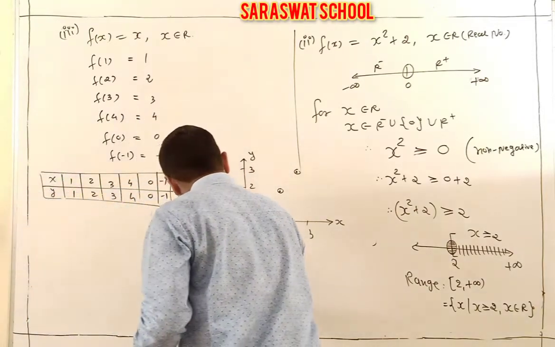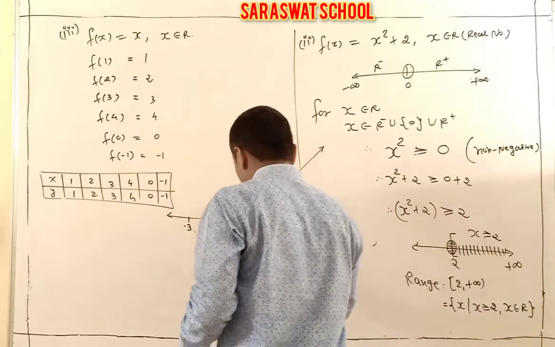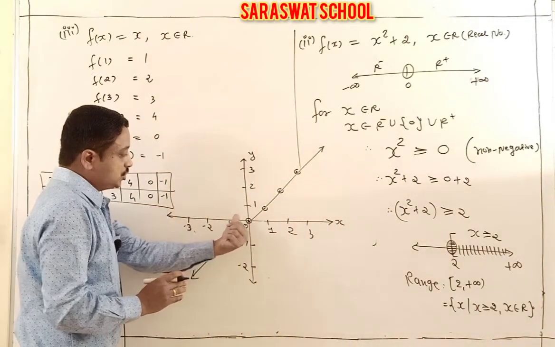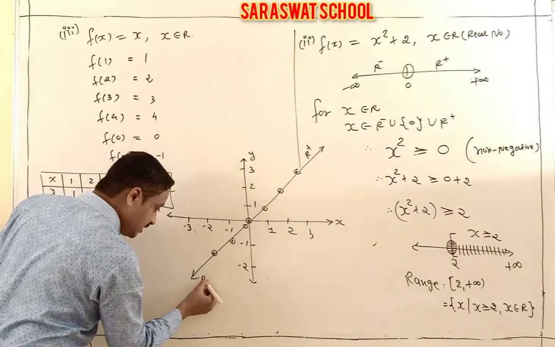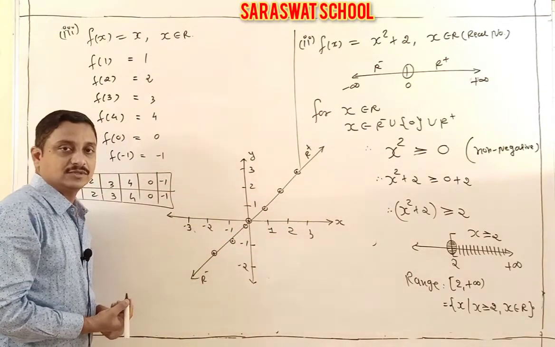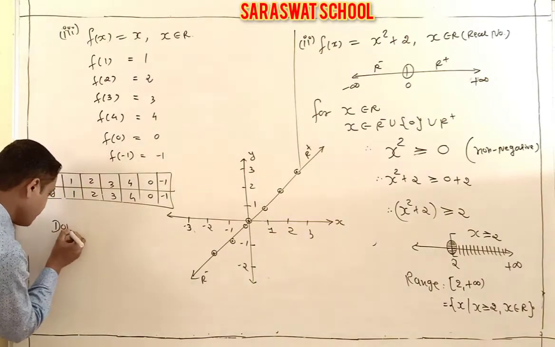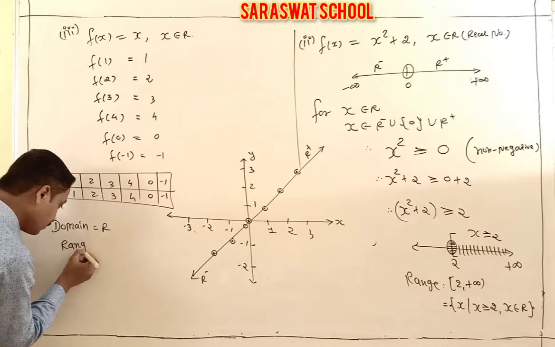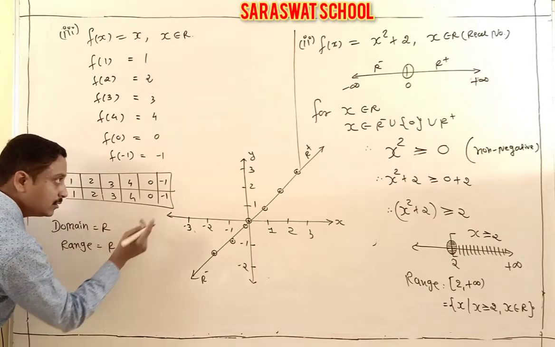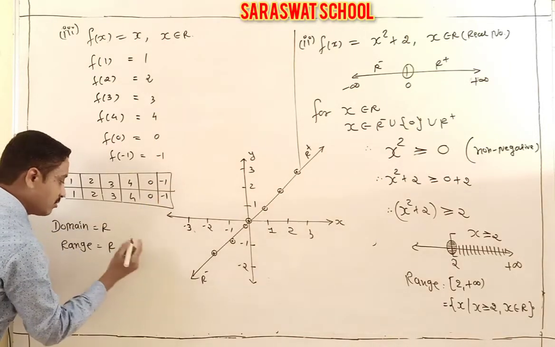It means your graph is a straight line. Students, 0 is included, and this indicates your R plus and this indicates R minus. So what is your domain? Our domain is R, and the range is R plus, 0 and R minus.